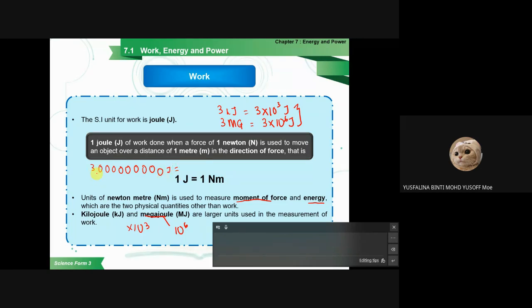You cannot write that many zeros, so you can change to a prefix. If you refer to the prefix table, you change it to standard form first, 3 times 10 power of 9. Then you know 10 power of 9 is giga, so you can write 3 gigajoule. So this is how you change the unit if the calculation is too big.